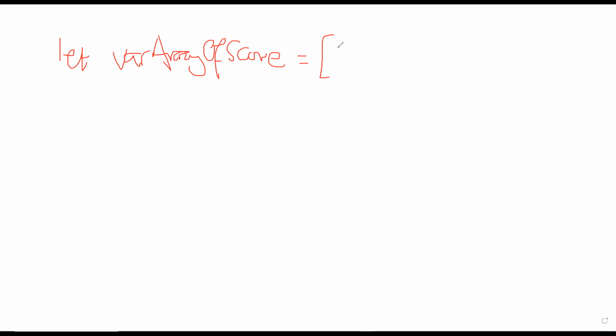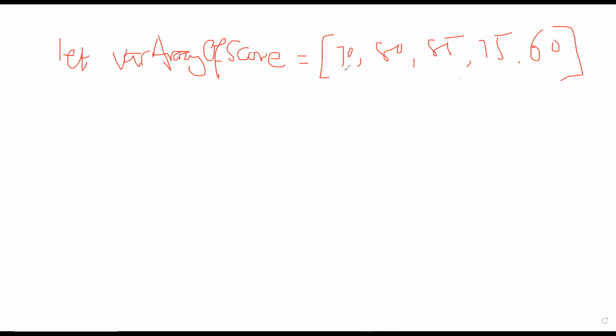So I can say 70, 80, 85, 75, 60, for example. So this is an array because it is holding more than one data.